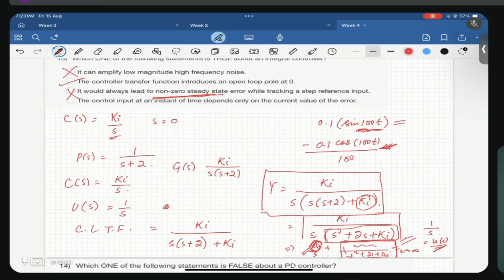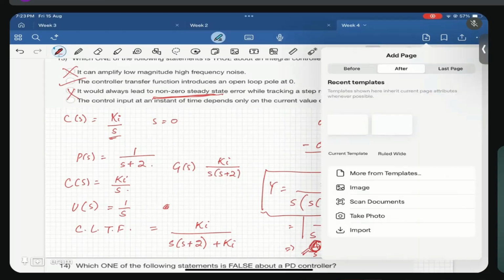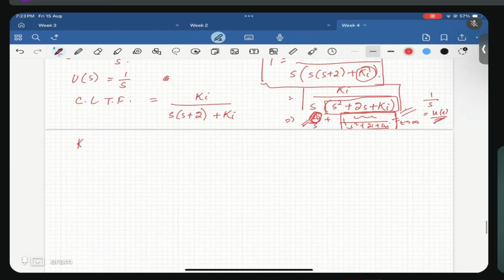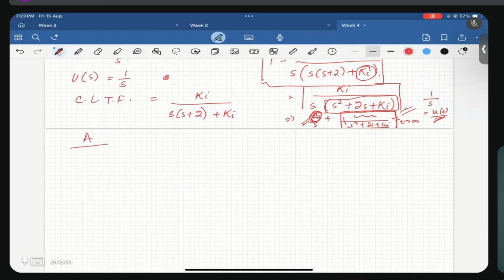Now let's choose ki equals 1. If you choose ki equals 1, from the earlier concept, we will get the partial fraction, some value, it can be a by s, but it will depend on ki, plus some numerator over s square plus 2s plus ki.